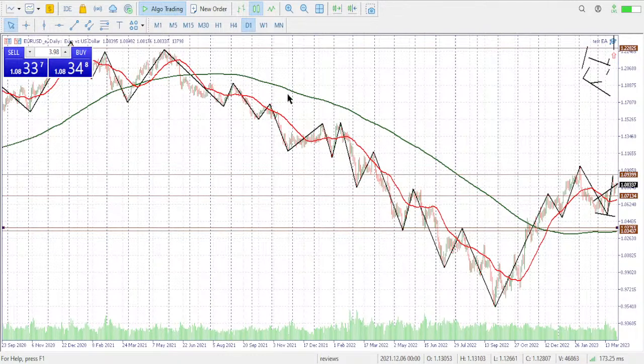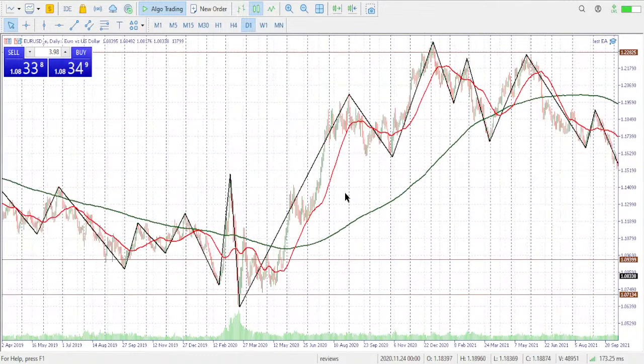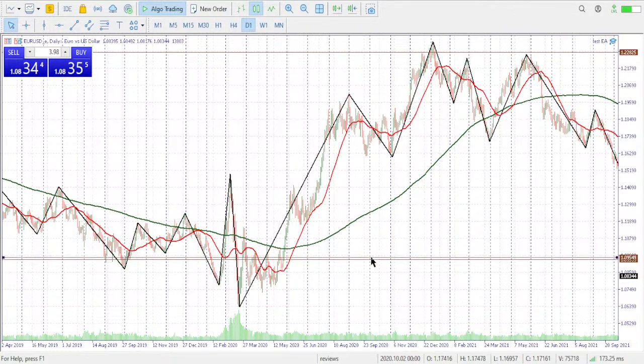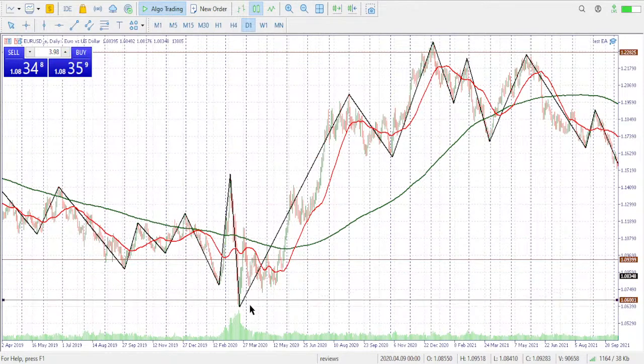So this is a very good example of where we could have taken a buy position. There's another one here where we could have taken a buy. Our stop loss would be somewhere here. We have taken a buy, expect the bias to continue upwards. Then this could be the first place for a stop loss.